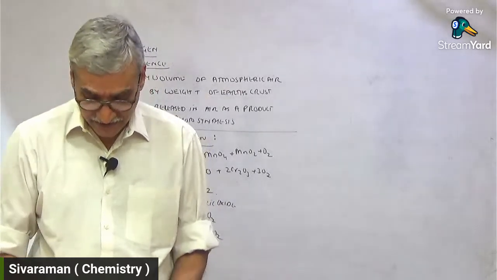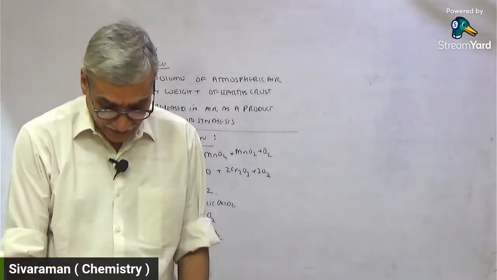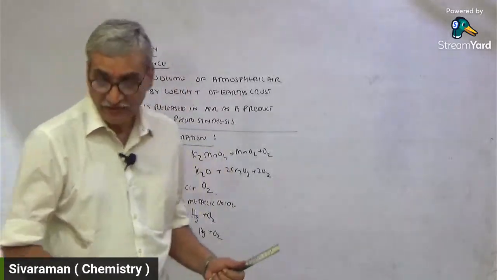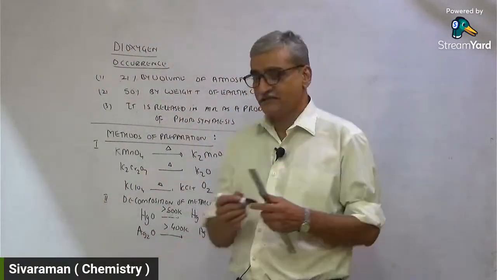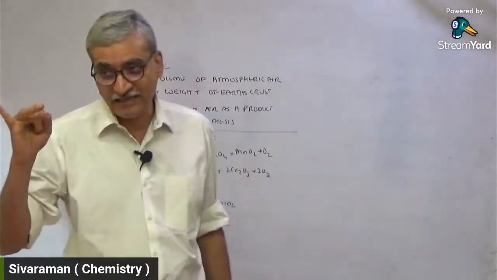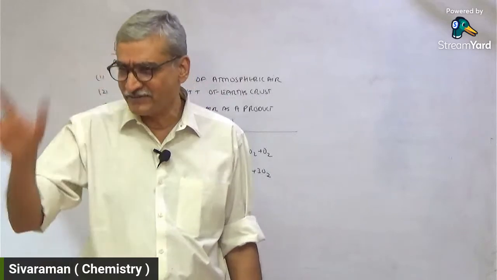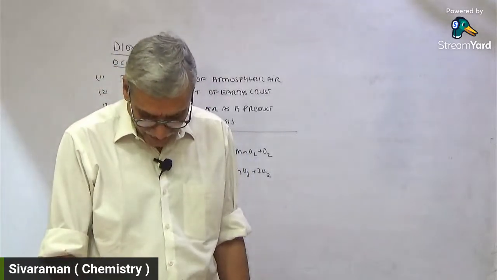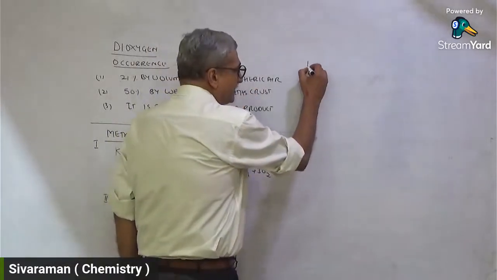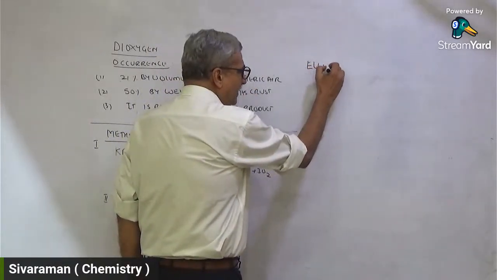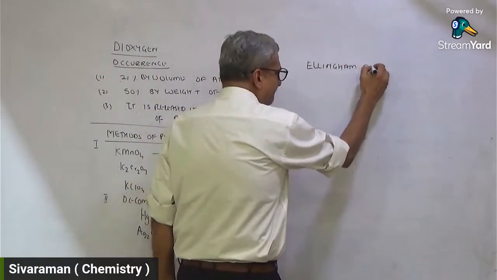This was studied. These kind of reactions were studied by a person called Ellingham. And so we have an Ellingham diagram for oxides first. So what did Ellingham do? The spelling is always a little difficult, I make a mistake. So, Ellingham diagram.